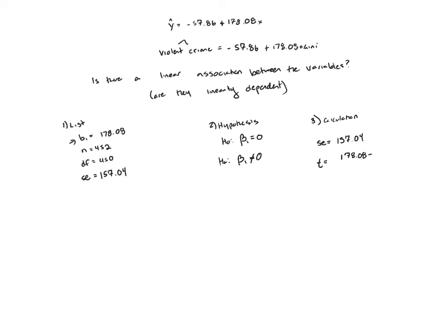My assumed value right here is 0. And I divide it by my SE, which is 157.04. Notice that subtracting off 0 doesn't actually change anything, so I could just leave that off if I wanted. Which gives me 1.33.